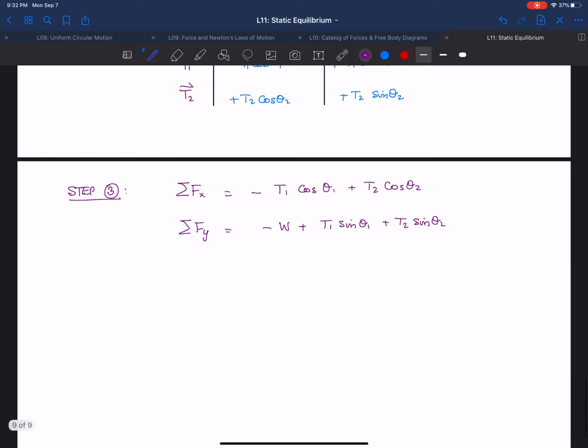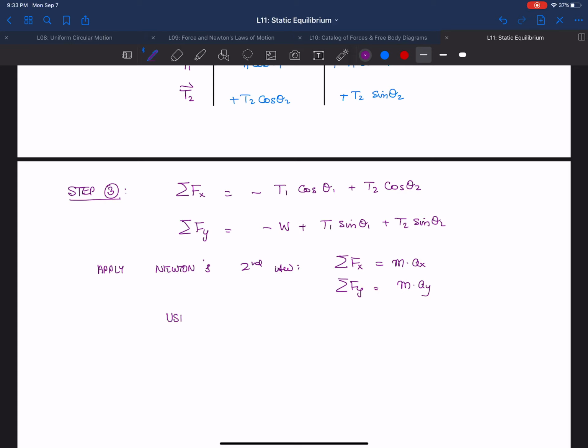Okay. Applying Newton's second law. Newton's second law says that the x component of the net force is mass times the x component of the acceleration. The y component is mass times the y component of the acceleration.